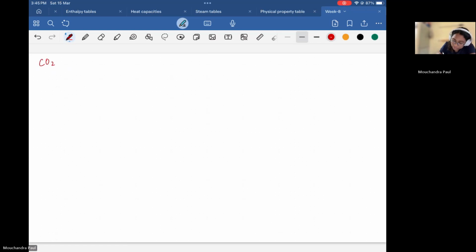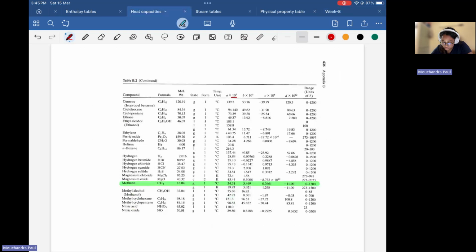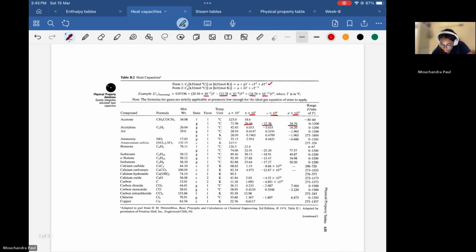CO2, CO, O2, N2. Here's the table which we have to use. So first gas is CO2, carbon dioxide.